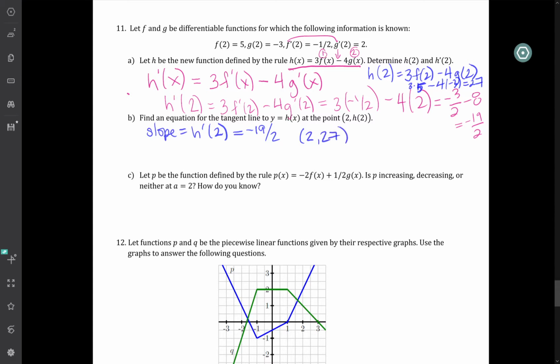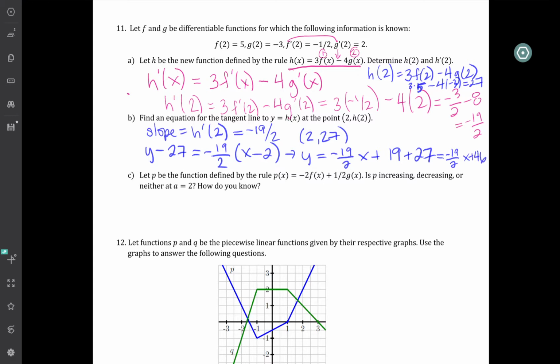And then we can just use point-slope form. y minus 27 equals m times x minus 2, which means y equals negative 19 over 2 x plus 19 plus 27, which is negative 19 over 2 x plus 46. Again, assuming I didn't do any bad arithmetic.